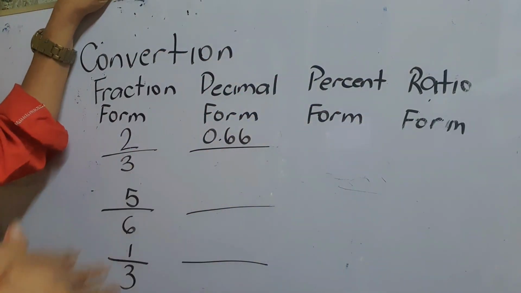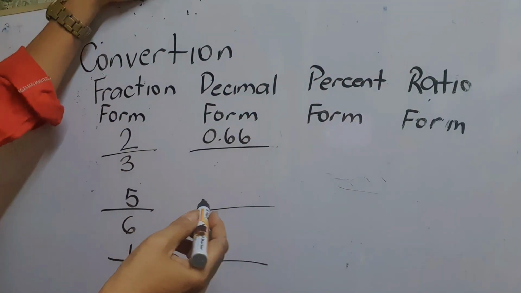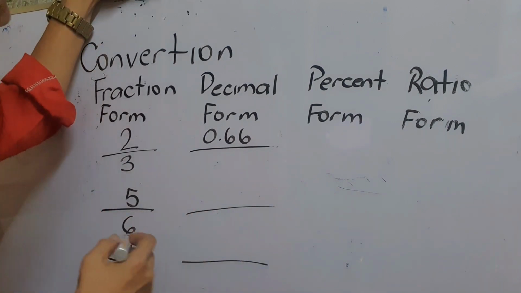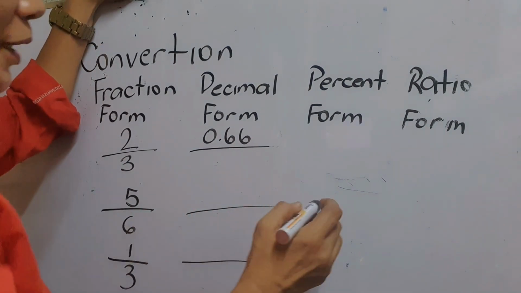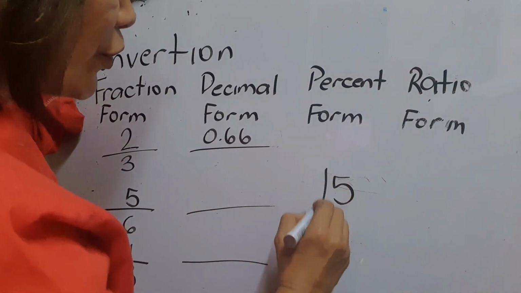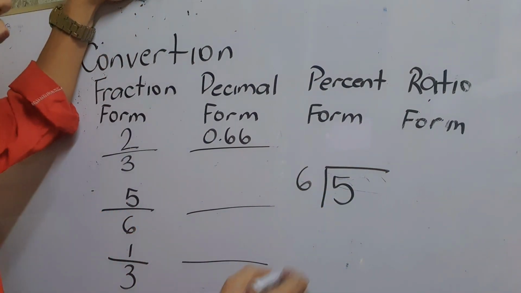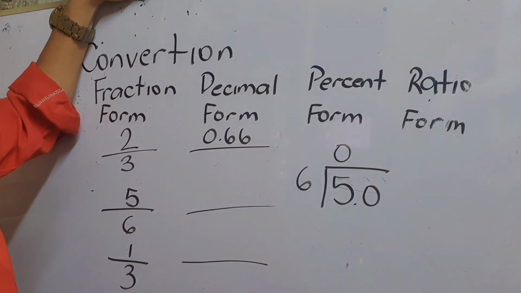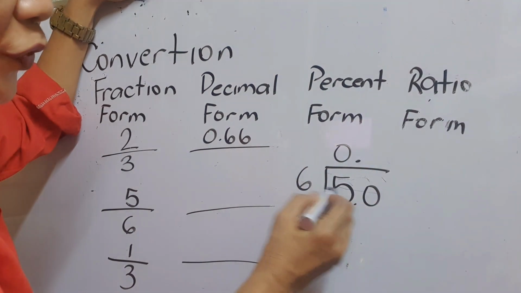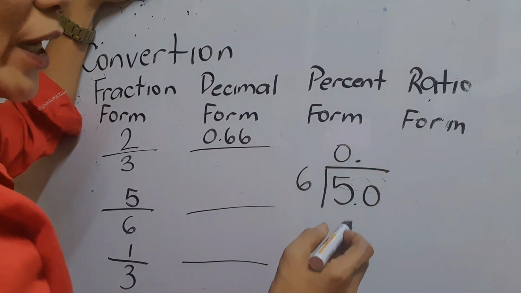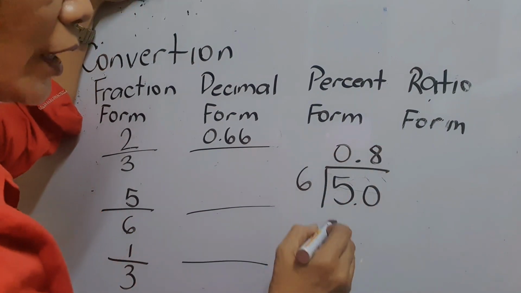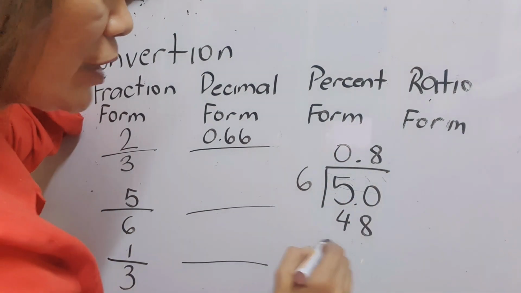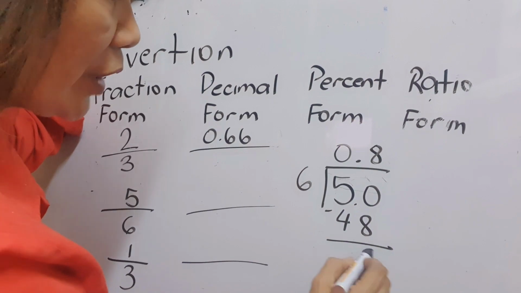0.66, no? Ito yung tinatawag natin non-terminating kasi tuloy-tuloy siya. Okay? So, this is now 5/6. So, sa 5, ilan ng 6? Wala. Okay? Decimal point. So, sa 50 divided by 6, we have 8. 8 times 6 is 48. 50 minus 48 is 2.